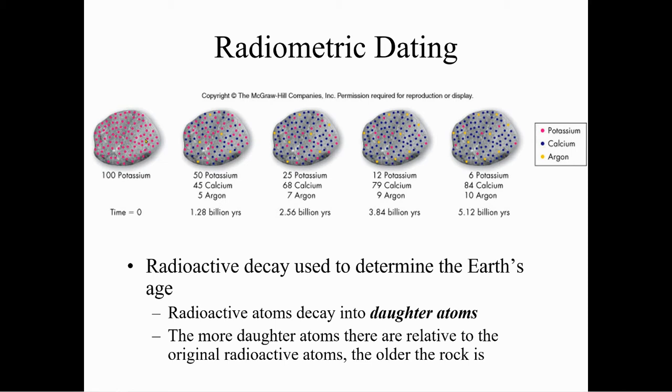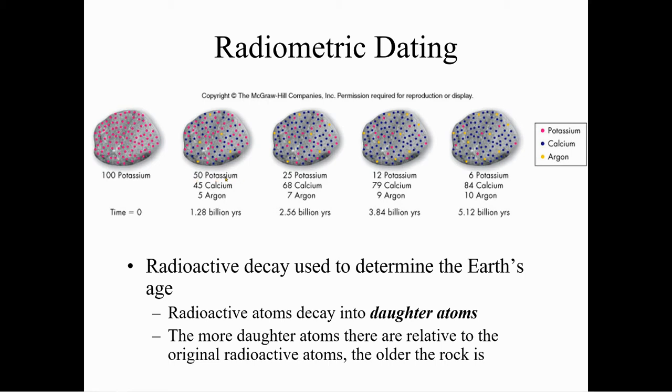It'll make it easier to understand. So we have 100 atoms of potassium. This is when it first forms. After its first half-life, and the half-life is 1.28 billion years, we have 50 potassium atoms.